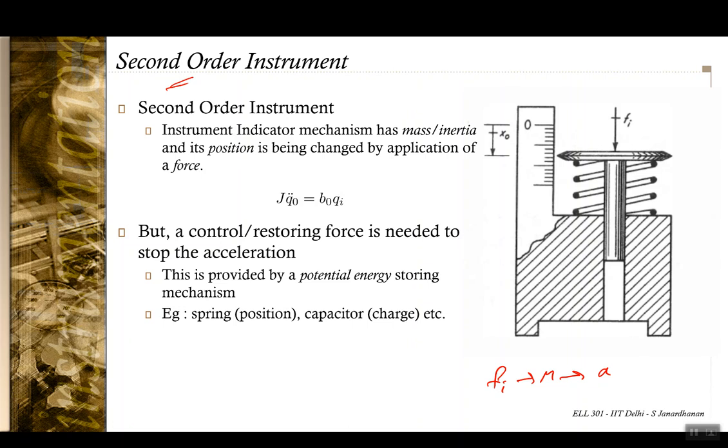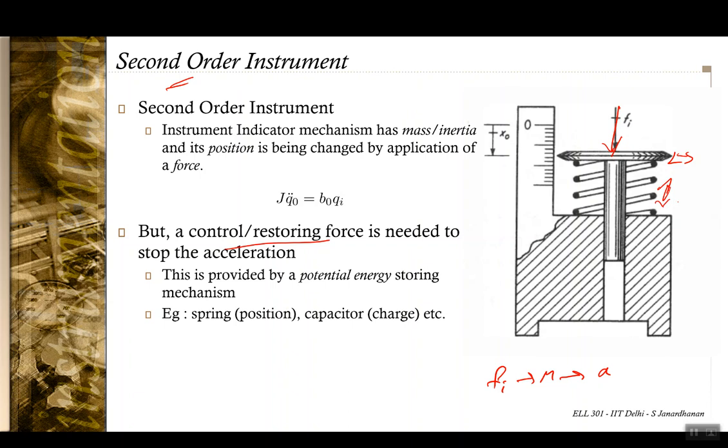So what you would need is something called a control force or a restoring force. That is a mechanism by which you keep the indicating signal in check, and you store the energy that is delivered by this force in the form of potential energy.